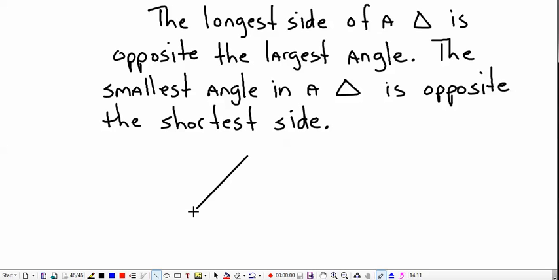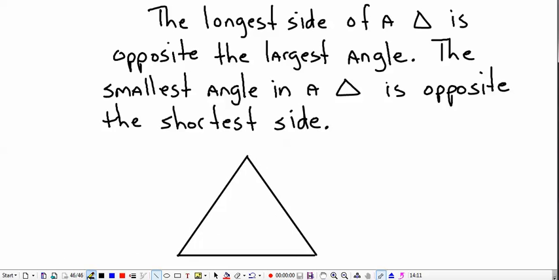So if you had triangle ABC, and maybe this was 59 and this is 61, and you're asked to list the sides from long to short. What's the longest side? How do you know?